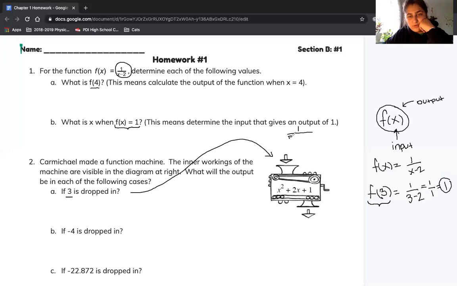So 1 over 5 minus 2, that's 1 over 3. 1 over 3 does not equal 1. So my input is not 5. Okay, so you're going to do that and you're going to try to figure out what you need to plug in for x here to make this whole thing equal to 1.